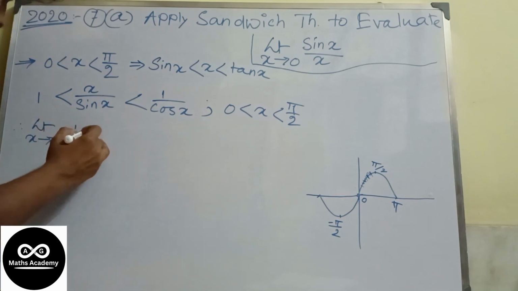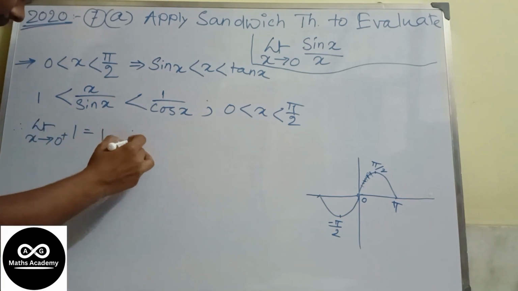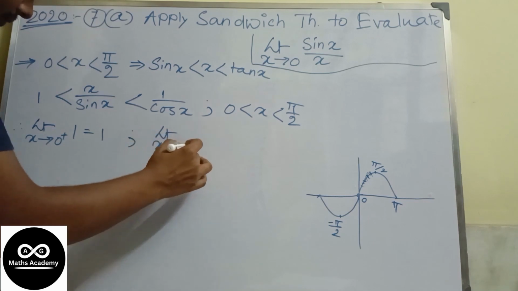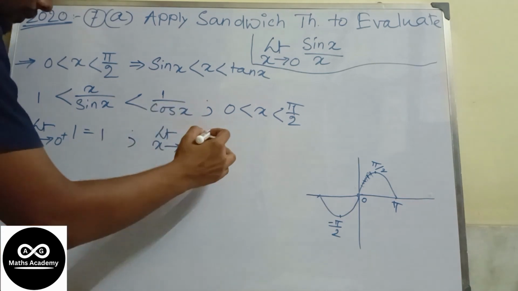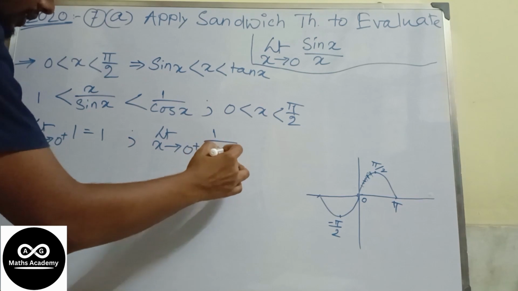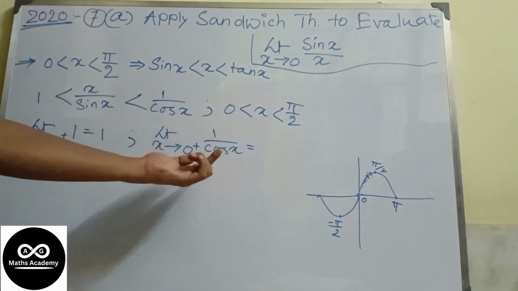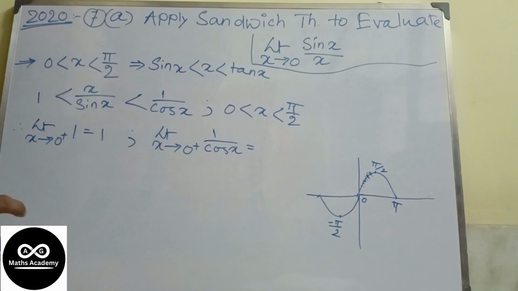Now as we have taken x greater than 0, the limit as x tends to 0 plus of 1 will obviously be 1, and the limit as x tends to 0 plus of 1 by cos x, that means 1 by cos 0, will be 1.